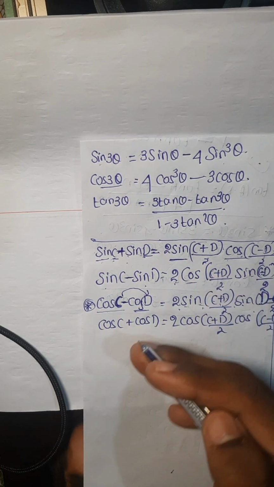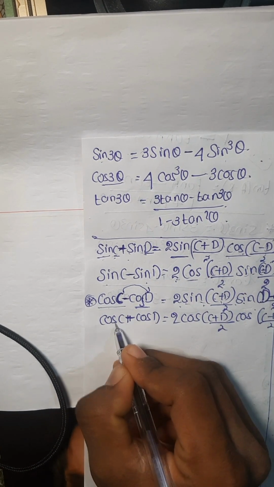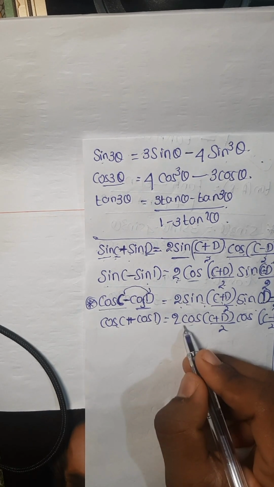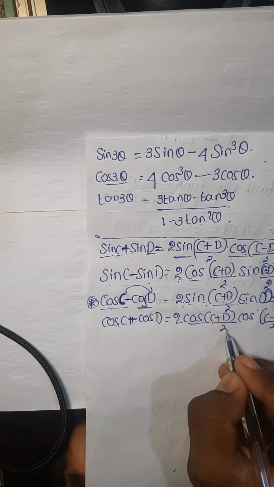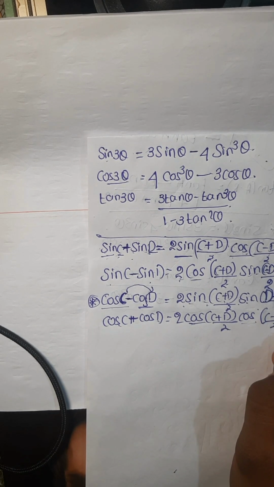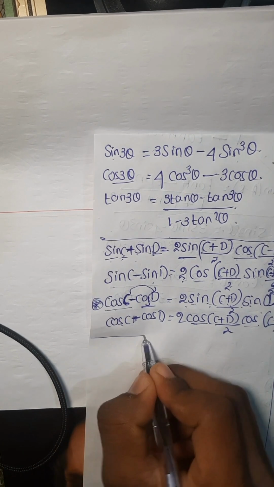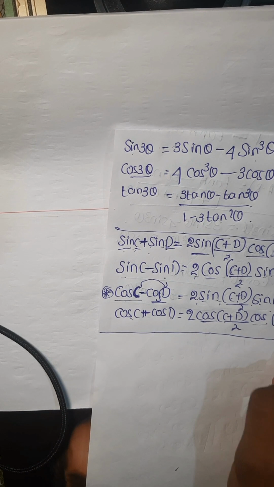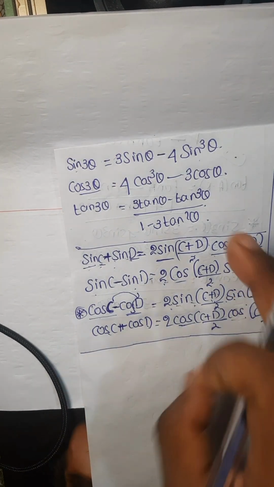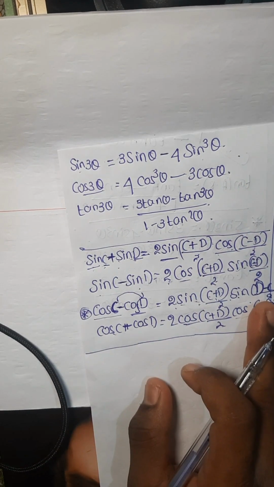If there is a positive sign between cos C and cos D, then it will be 2 cos((C+D)/2) into cos((C−D)/2). So, these are the basic theorems in trigonometry.